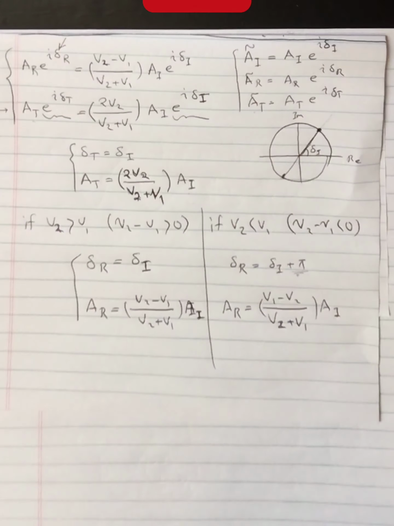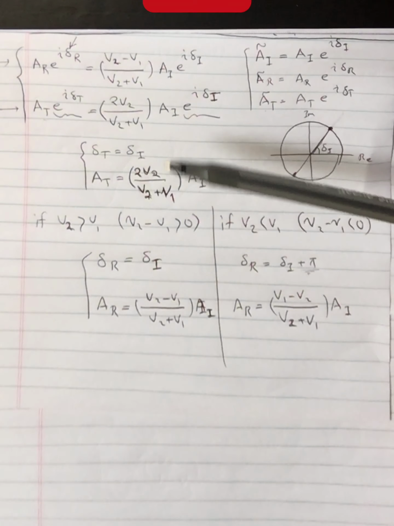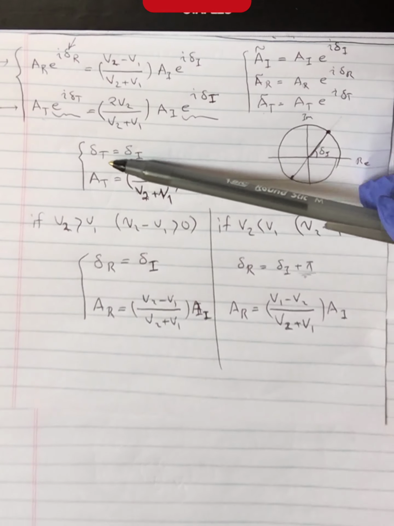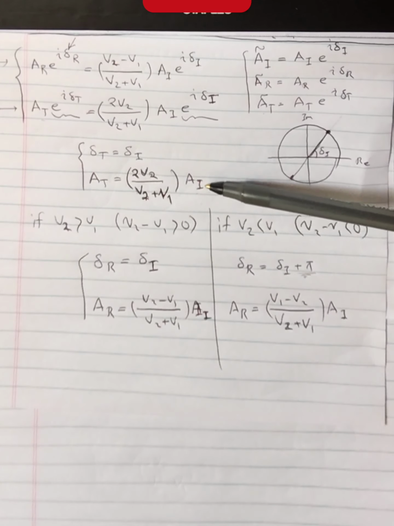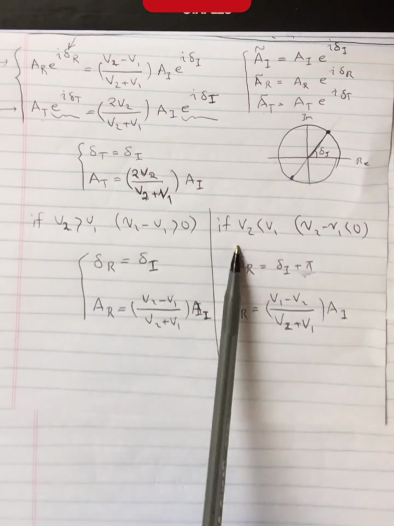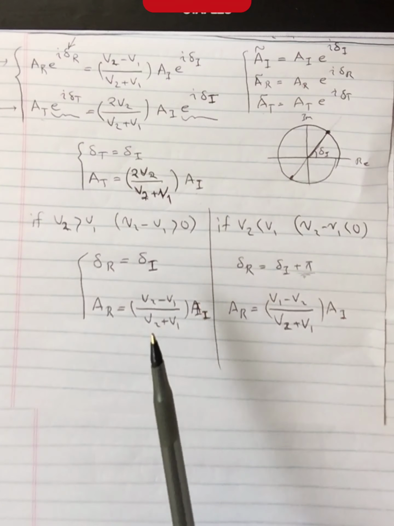Again, I want to repeat what we got so far. The transmission wave and incident wave always have the same wave constants, and this equation is always correct for the amplitude of the transmitted wave. For the reflected wave, it depends on which side of the string is heavier and which is lighter.